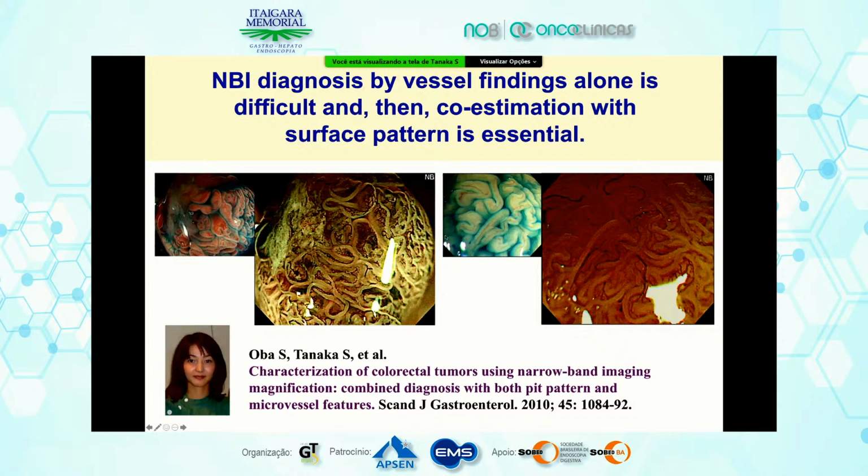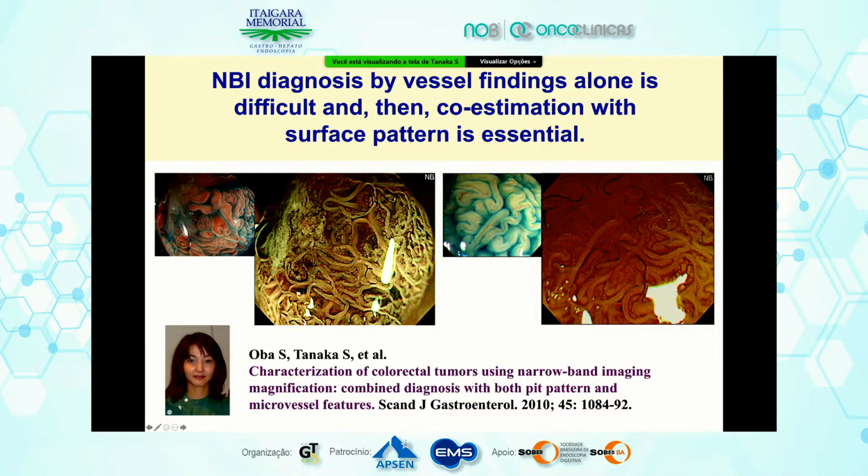By the way, some doctors estimate by NBI magnification only vessel findings, but we had clarified that NBI diagnosis by vessel findings alone is difficult. Then co-estimation with surface pattern is essential. For example, please see this slide. This is villous adenoma.